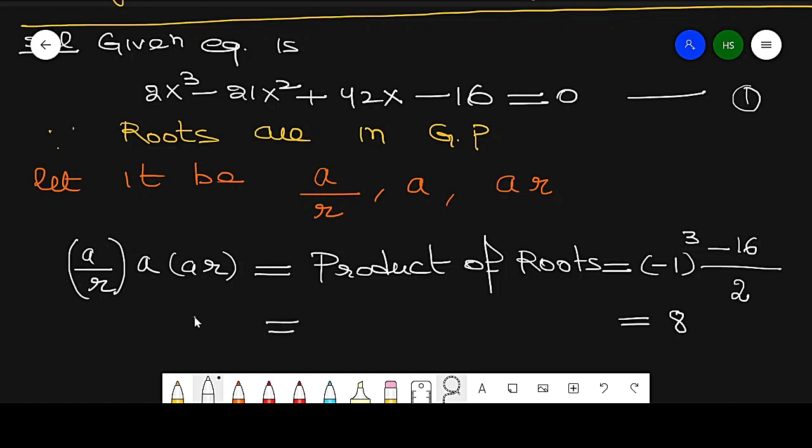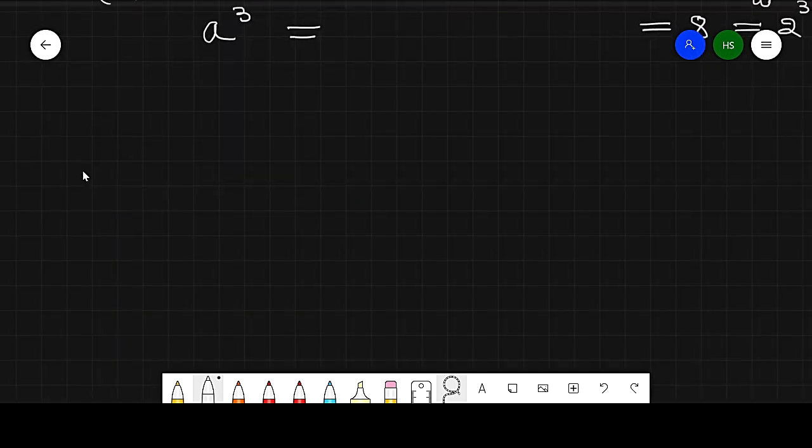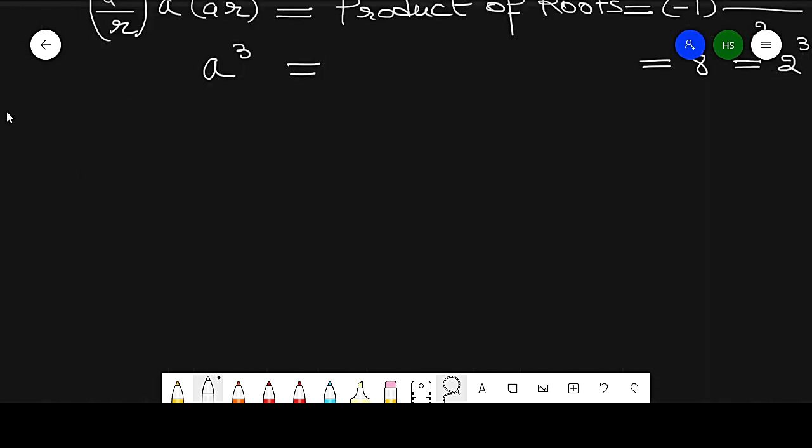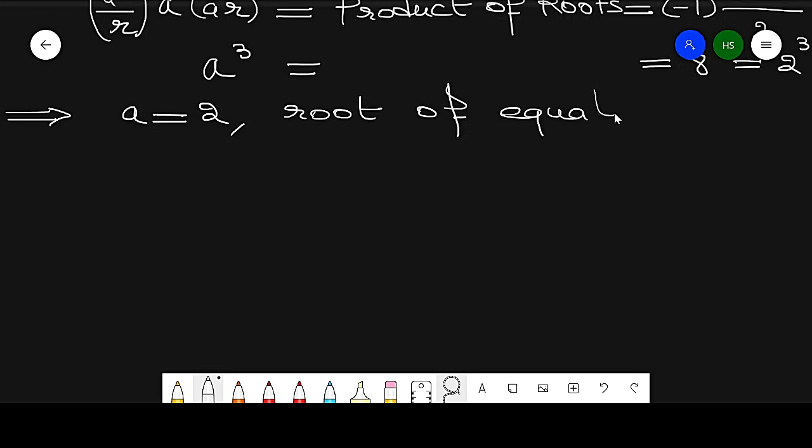The left hand side will become a cube, which is 2 raised to power 3. From this we get the value of a equal to 2. So 2 is a root of the given equation, equation number 1.